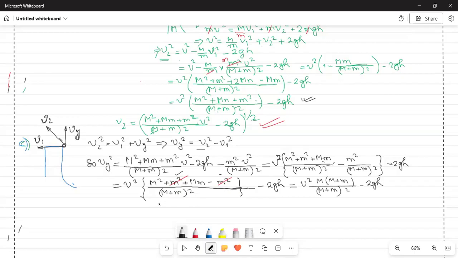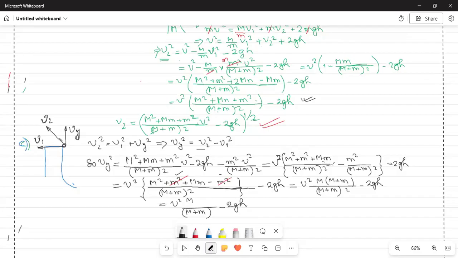Now in the numerator I have M plus m, in the denominator I have M plus m whole square, so I am left with v square capital M divided by capital M plus small m, minus 2gh.